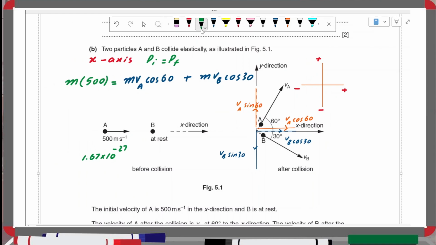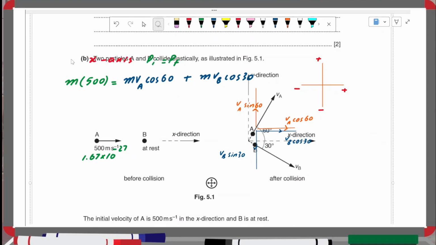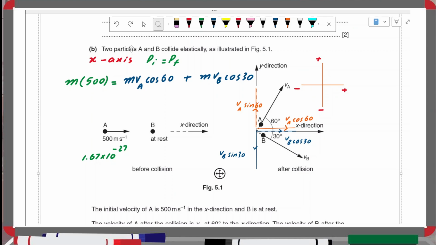So this is the first equation that you have. This is the equation along the x-axis. So we can just secure it somewhere. Let me secure it at a safe place.